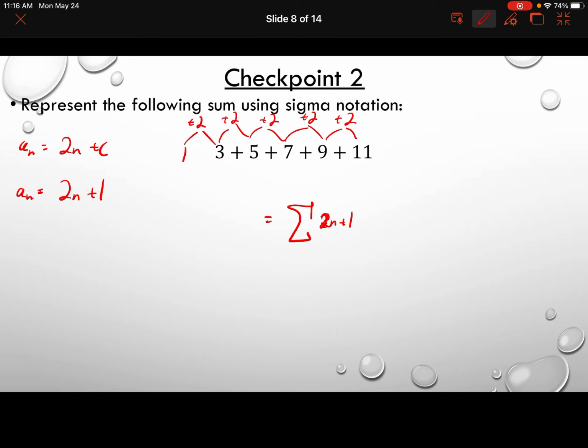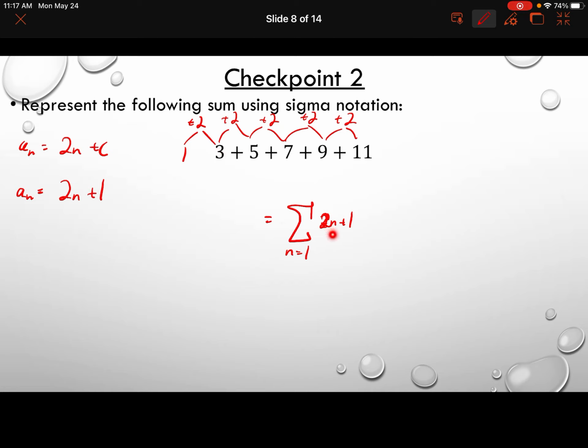Well, remember, if this is what we're using, 2n plus 1, and if I want 3, well, we assumed, when we made this formula, that 3 was the first term. Okay, that's the assumption that we made. And it's not a wrong assumption because it was the first number, so that would be the first term. So that means we start at 1.